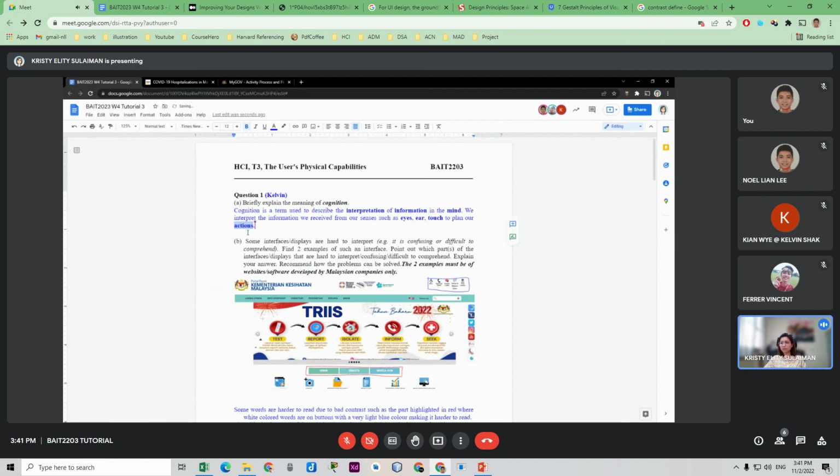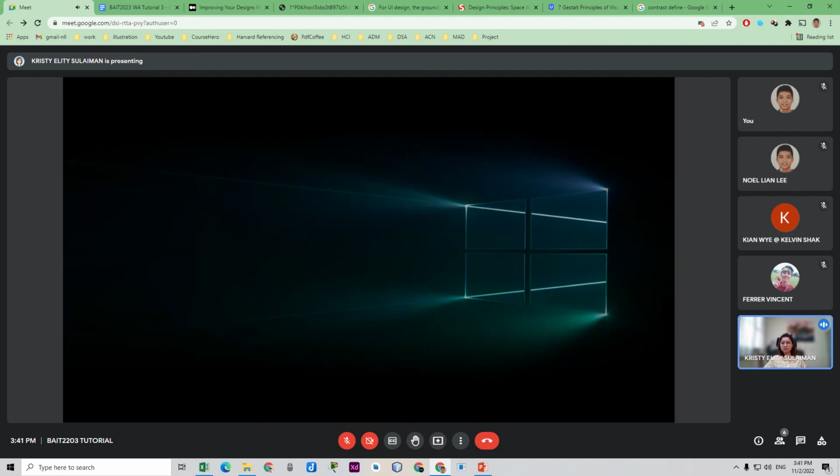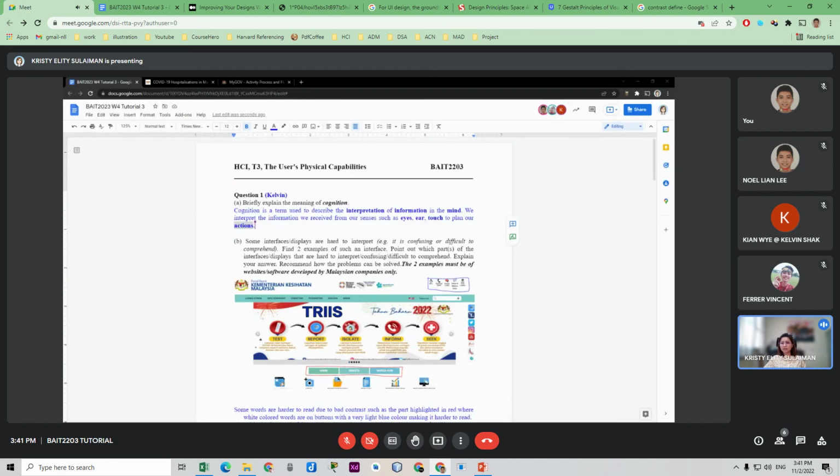So we interpret information that we receive through our senses, and it will decide the next action that we need to do. So eyes to scan or read information, ears to receive sound, and touch: vision, hearing, and touch. These three are important in HCI.